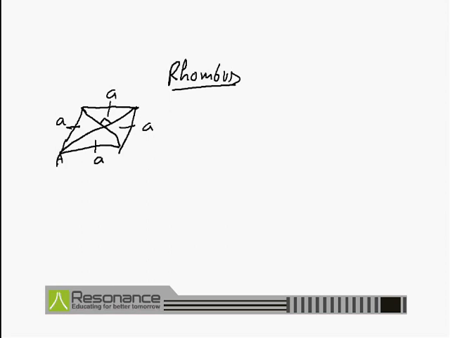Let's say there is a rhombus ABCD, and the diagonals intersect at the point O. Let the length of diagonal AC be D1 and the length of diagonal BD be D2.